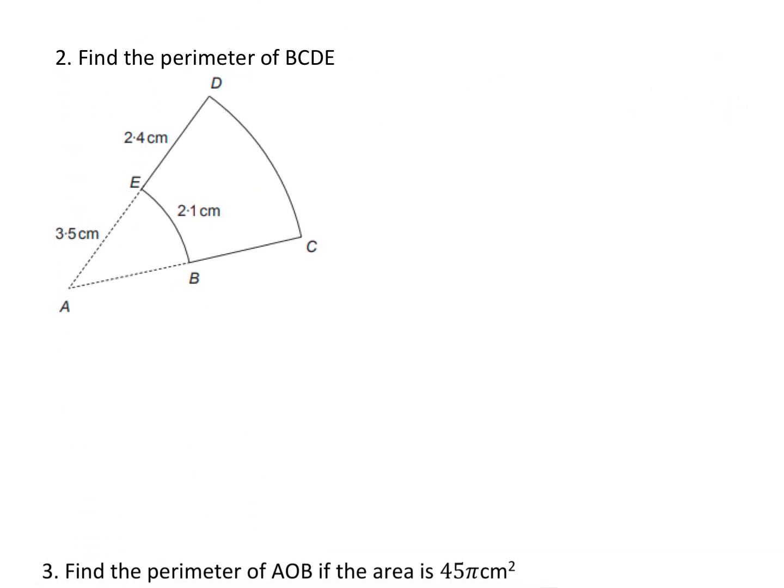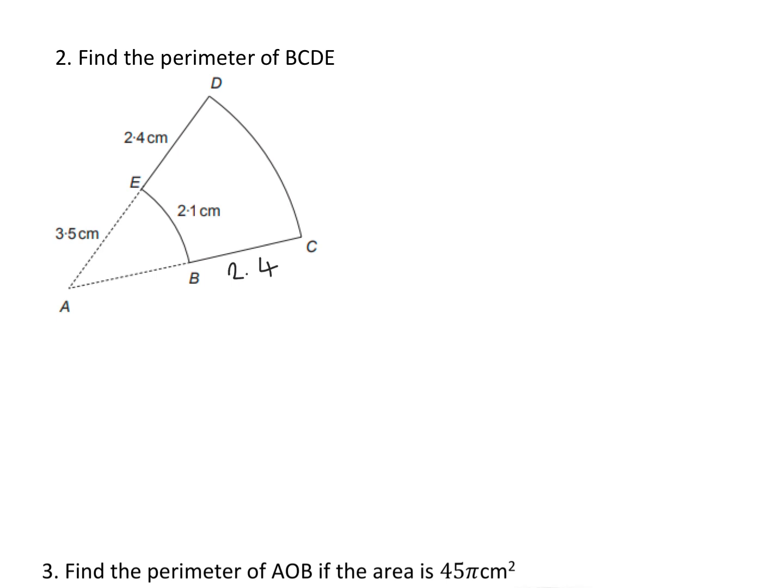Example 2, find the perimeter of B, C, D, E. So in that shape, we have some of the sides already to find the perimeter. We know this is 2.4 and we know this is 2.1. We also know this will be 2.4 because that's symmetrical.